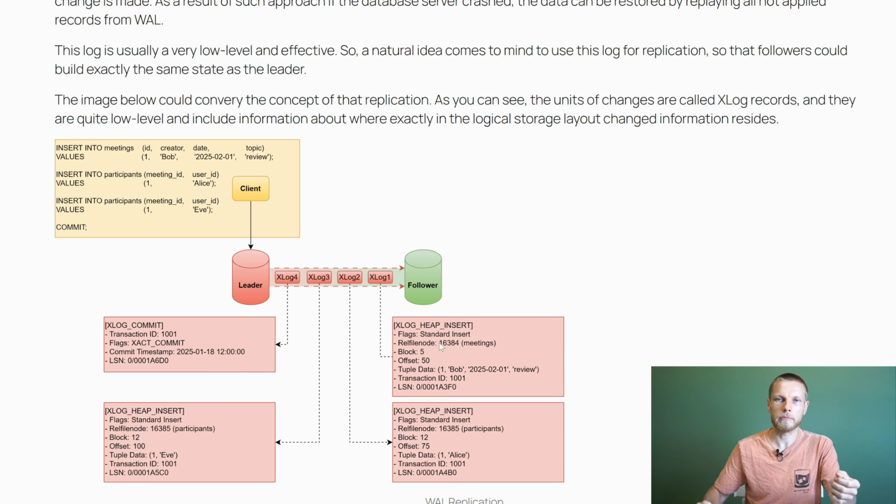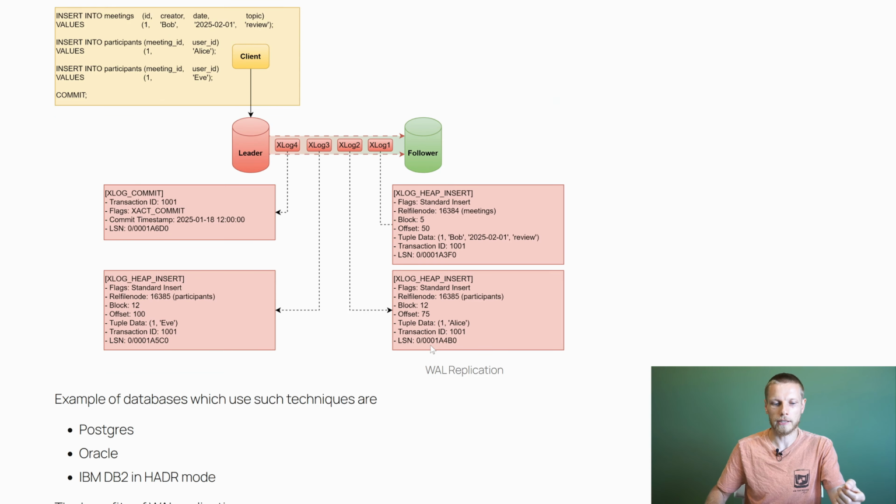This replication method is used in 3 databases. It's Postgres, Oracle, and IBM DB2 in HADR mode. It has several benefits, and the main benefit comes from the fact that it's a low-level and effective log, and because of this it's very fast. And also we don't need to create any other separate kind of log because we can just reuse one.